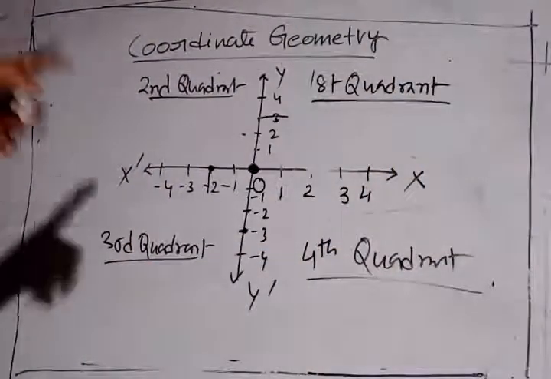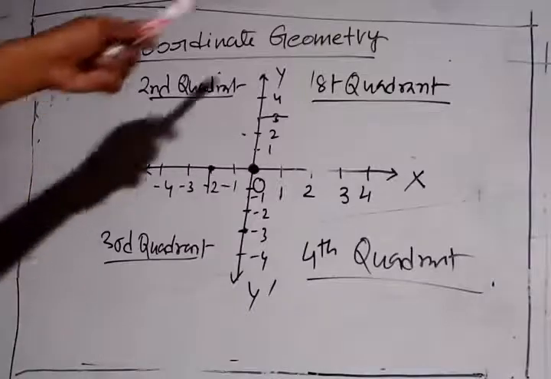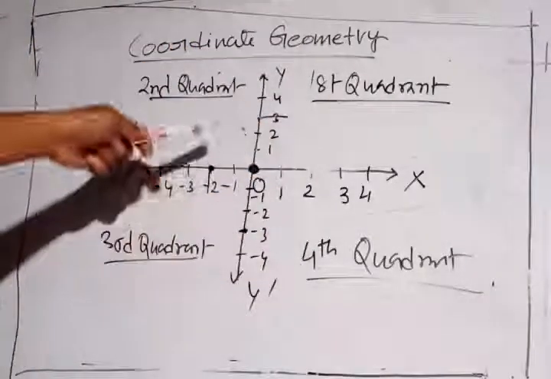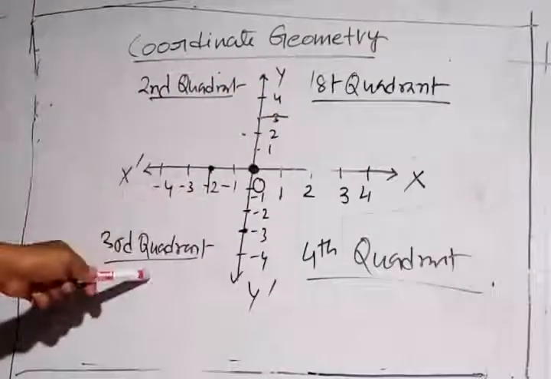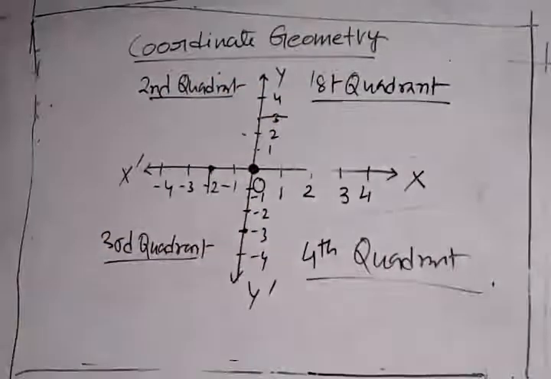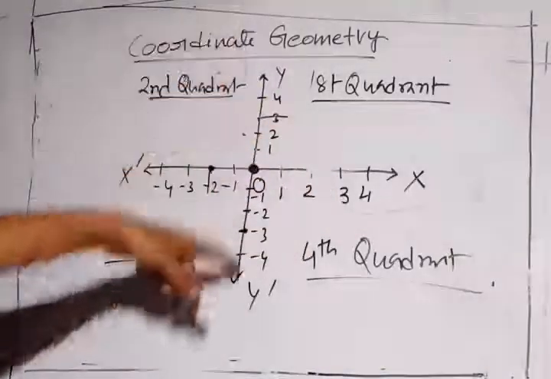That means the x-axis and y-axis have divided the Cartesian plane, that means the graph, into 4 parts. They are called first quadrant, second quadrant, third quadrant, and fourth quadrant. So we have learned about this Cartesian plane, the graph, the x-axis, the y-axis.